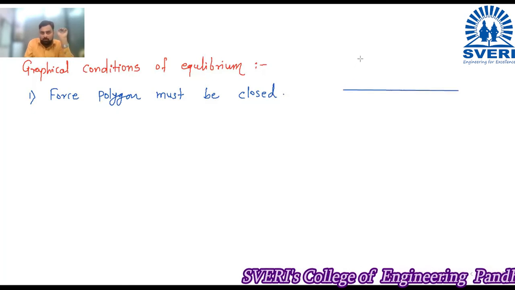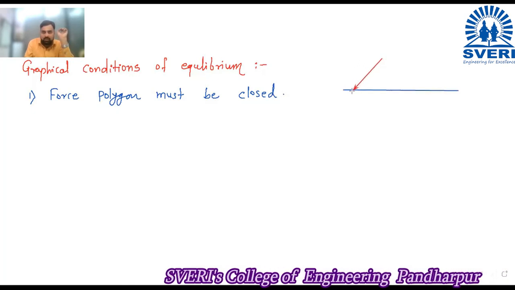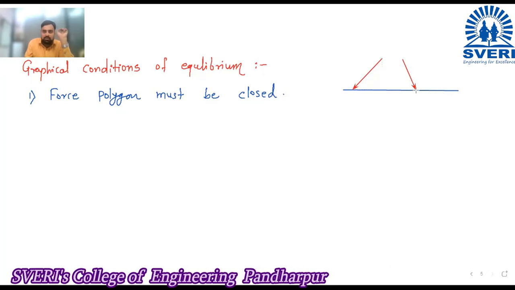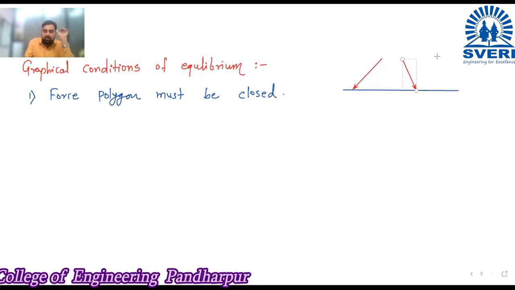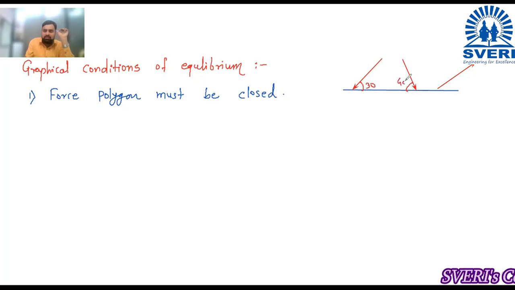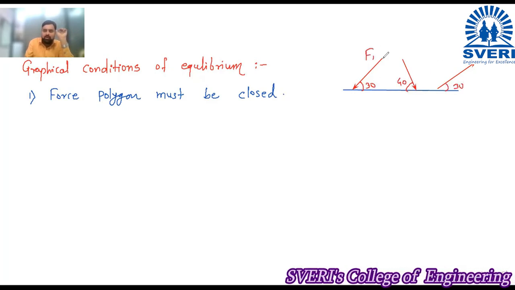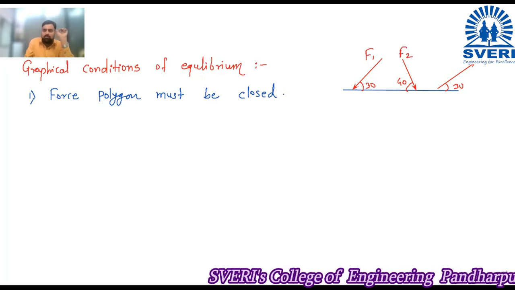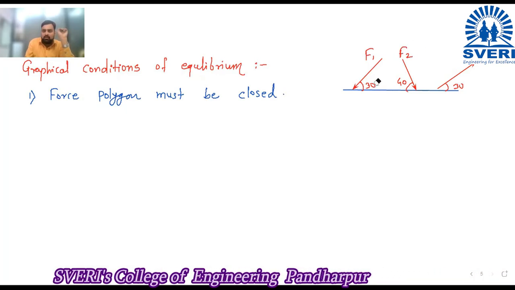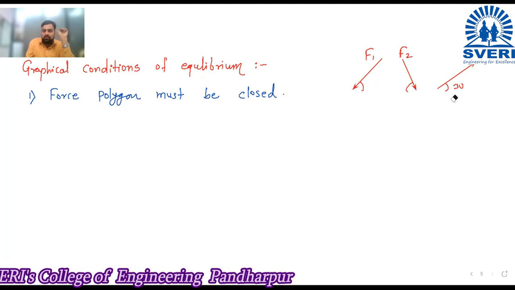The first force is acting in this direction, the second force in this direction, and the third, let us say, in this direction. Three forces are acting. Suppose they have certain angles, 30 degrees, 40 degrees, again 30 degrees or so, and they have magnitudes F1, F2, F3. And here we will take their angles as theta 1, theta 2, theta 3.